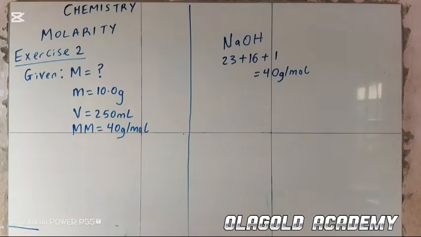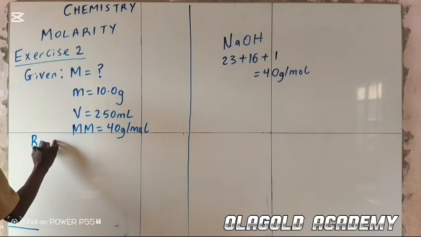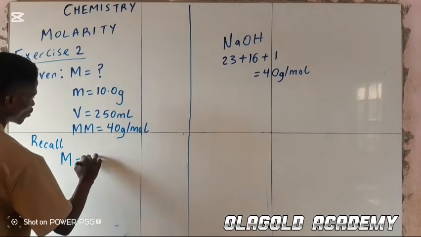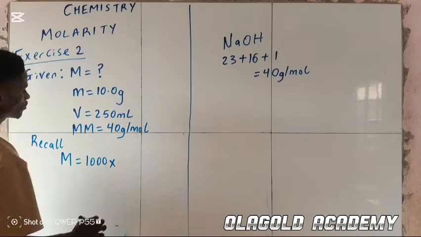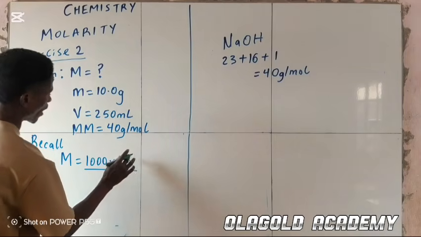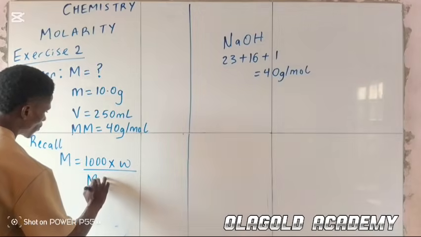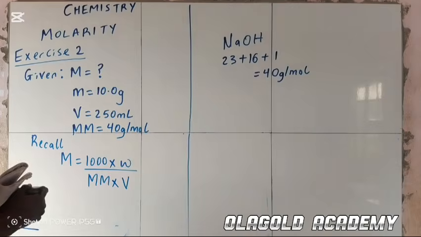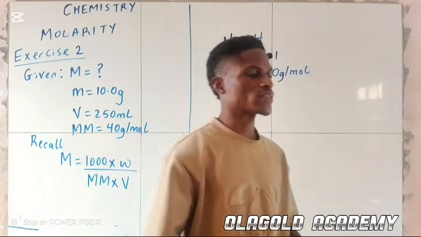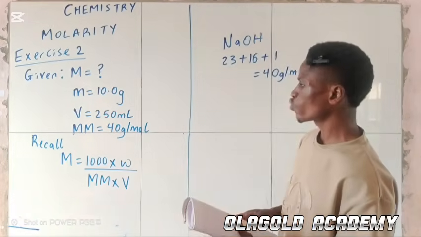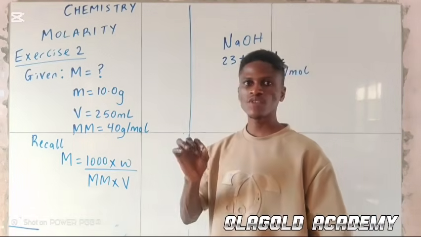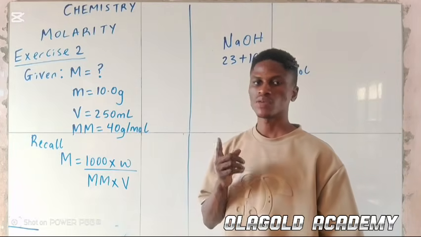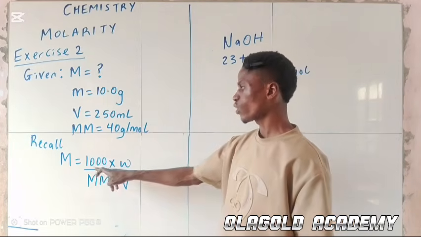Let's recall that molarity equals 1000 multiplied by weight or mass over molar mass multiplied by volume. One thing to take note of: if the volume in the question is in cm cube or milliliter, make use of 1000.